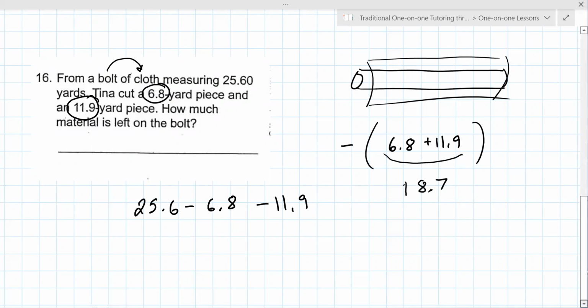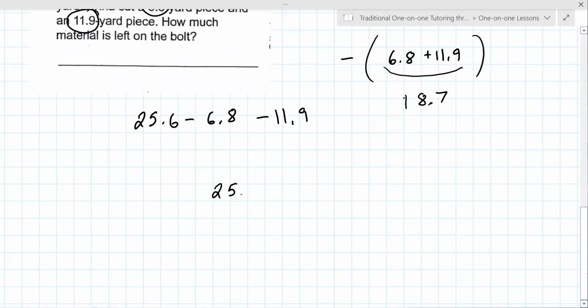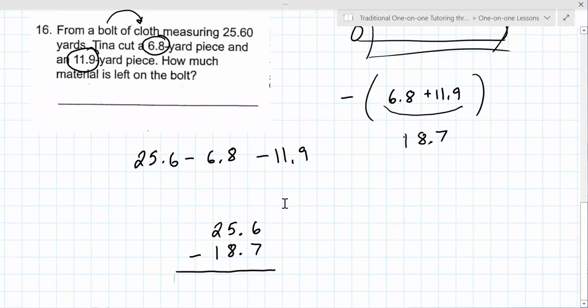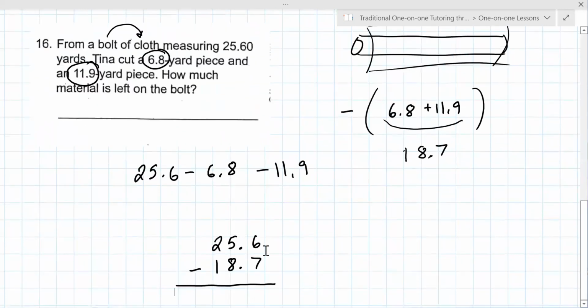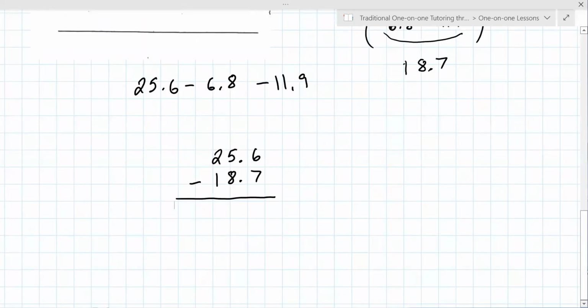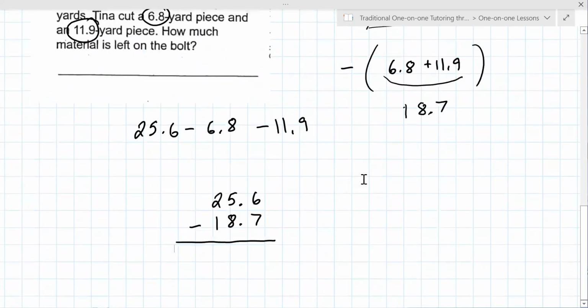So this time though, you can use that technique I showed you, but unfortunately, it's a little bit harder. It works really well when you're going to a whole number. So in the previous problem, remember we were going to 10. That's why we could just add. You can do the same thing here, but it's better to just subtract. So as a reminder, if the number on top is smaller than the number on the bottom, you have to borrow.